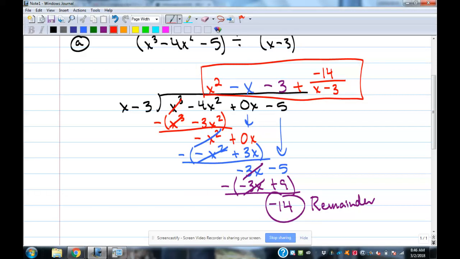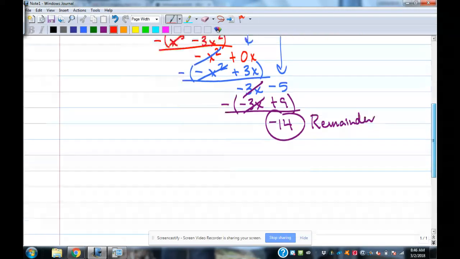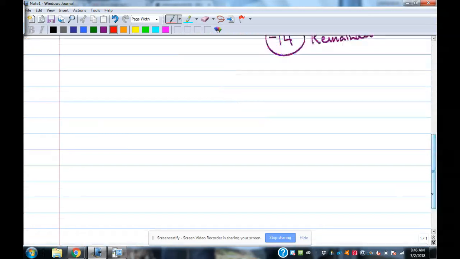So there are about 17 steps for long division, and it lived up to its name. There's a lot of places you can mess up. There are still a lot of places you can mess up with synthetic division, but it does simplify the process quite a bit because it takes the variables out of the way. So let's review that real quick. Synthetic division.